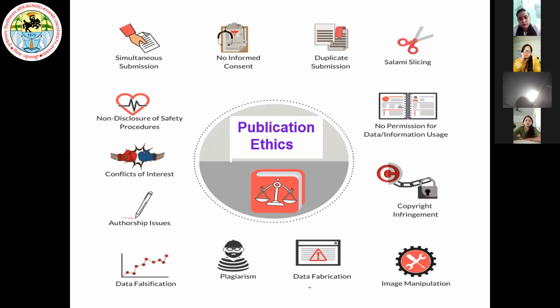ethics has many categories or dimensions, you can say. For example, in this diagram I have shown that you may have one issue of publication ethics, that is what you call plagiarism.